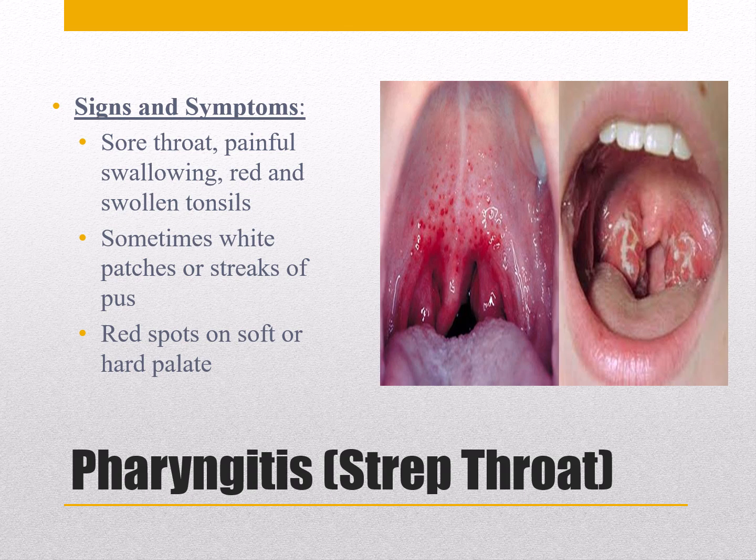This is usually associated with a bacterial infection, whereas maybe we see red spots on the soft or hard palate, essentially in the back of the throat but a little bit higher. This is usually associated with a viral infection causing strep throat.